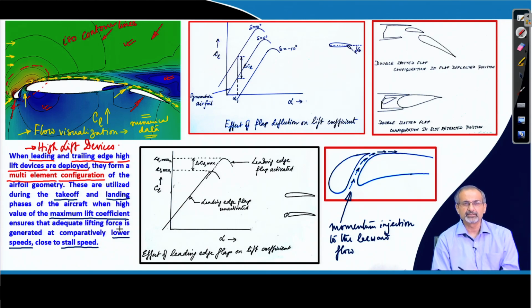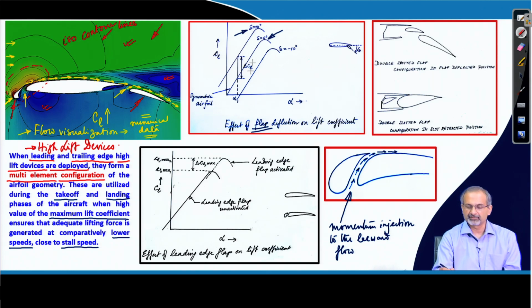This is typically the requirement during takeoff and landing. And as we remember, when we look at the trailing edge flaps, when they are deflected, then from a 0 flap deflection to a 10-degree single element flap deflection, there could be a delta CL of this order. We are of course looking at it qualitatively, but we are trying to understand once again what happens in principle when you deflect the flap.